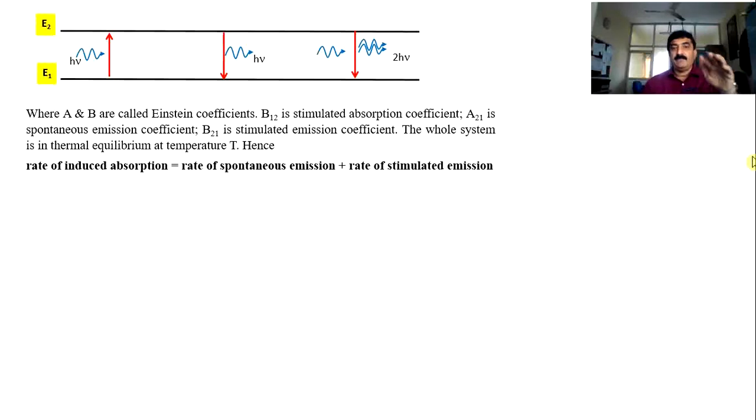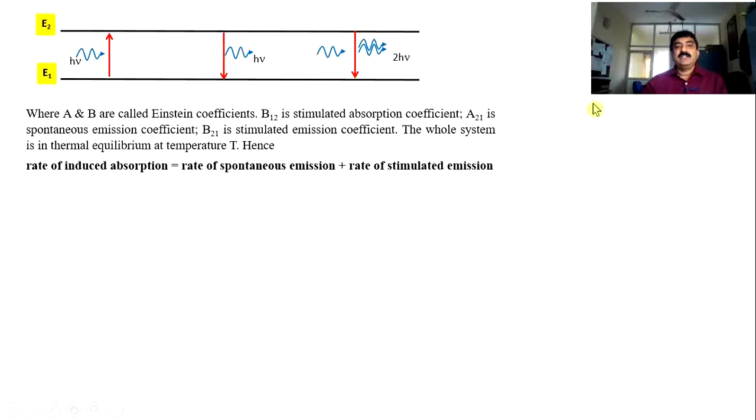Okay, keep it in mind. Next, I will go back to the previous slide. More energy you send, more absorption. If there are more atoms in the ground state, more absorption. That is the first thing. Second, coming to this, if there are more atoms in the excited state, there will be more emission.